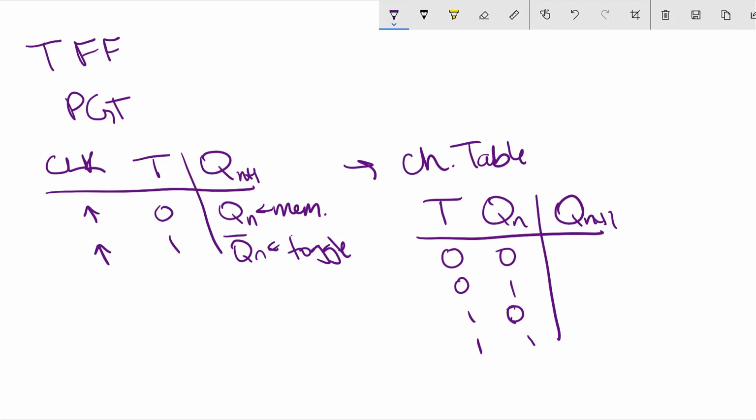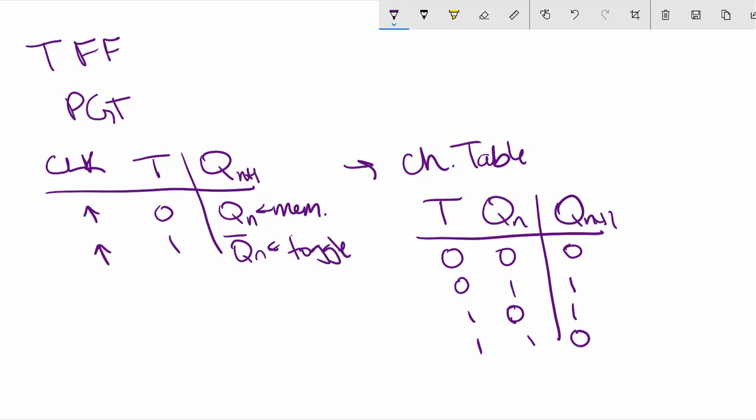That looked a little prettier. When T is 0, that's just our memory state, so we're going to get 0 and 1 back. Now it toggles when T is 1, so Qn is going to turn into 1, and it's going to turn into 0 here because we're toggling. Okay, so that's the basics for what we want.